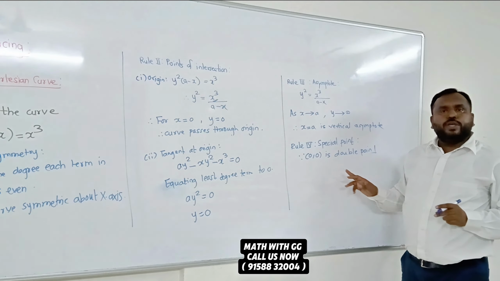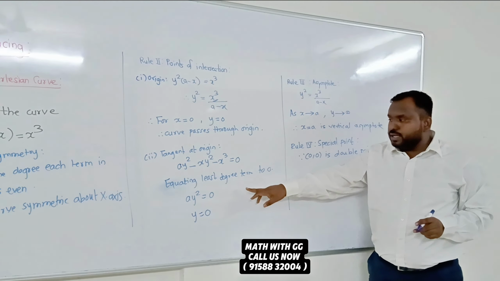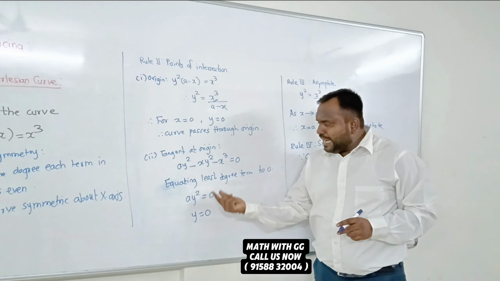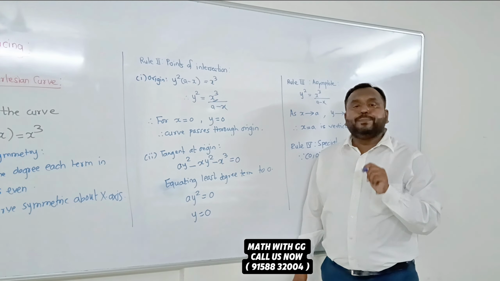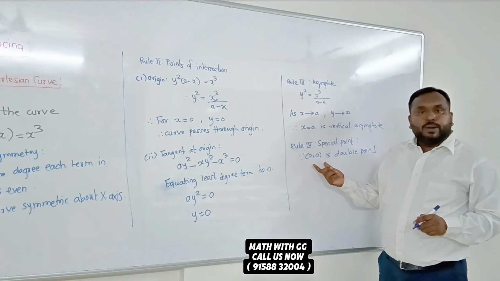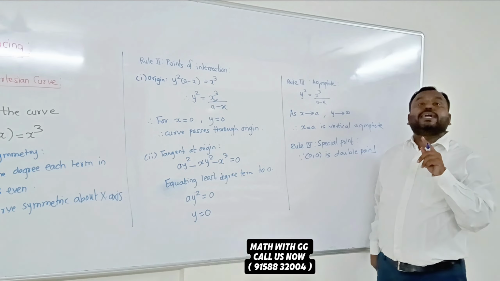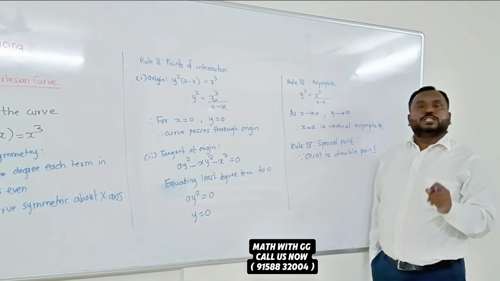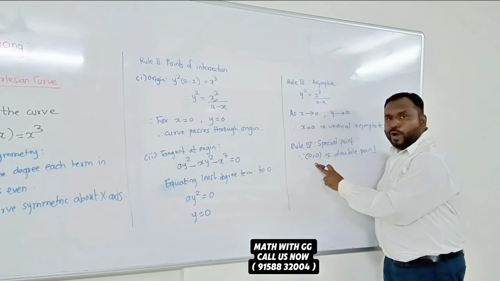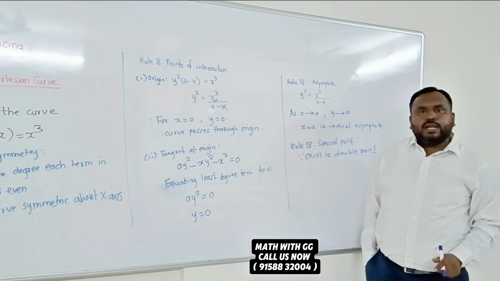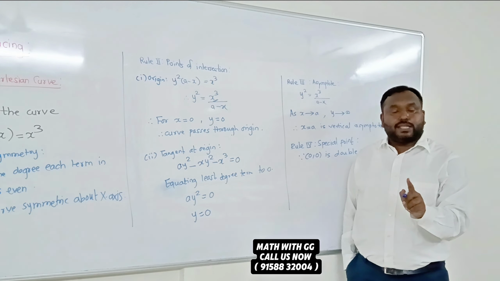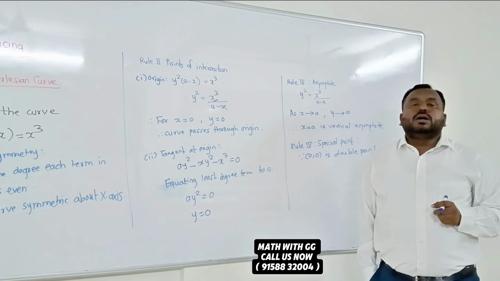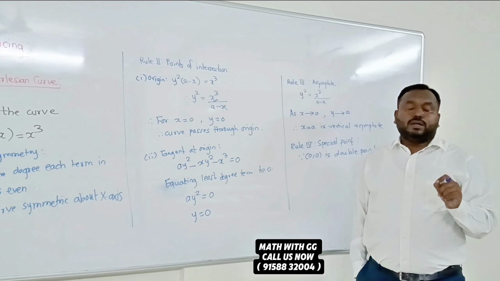So, as (0, 0) is a double point, we will check the tangent. If you observe the tangent at the origin, we get only one tangent. If a point is double and we get a unique tangent at that point, then that point is called a cusp.